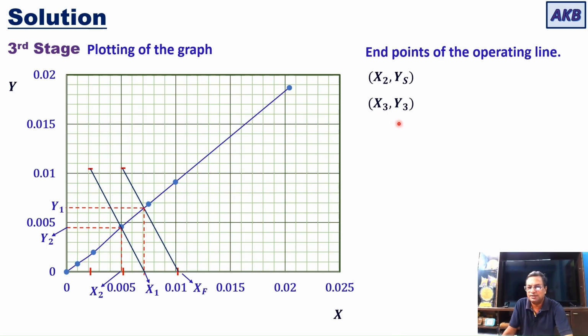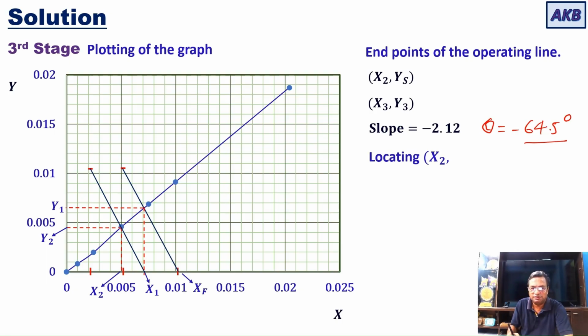We are going to get these values at the end of our calculations for this stage. Slope is minus 2.12. So theta is minus 64.5 degree.